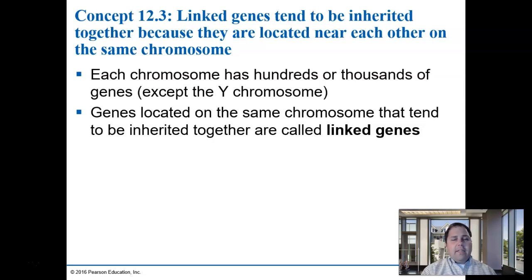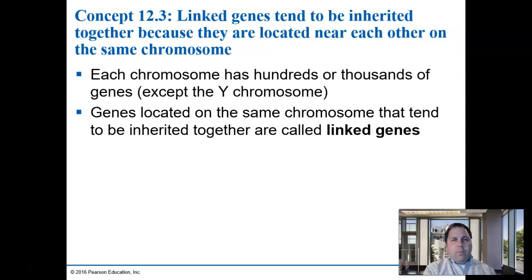So the last idea about chromosomes to think about is that, aside from the XY adding some complications, there are some genes that are inherited together because they're located near each other on the same chromosome. So everything Mendel did, and I told you about this in the last chapter, he sort of selected because he got nice clean arrangements of offspring that really supported his laws of segregation and independent assortment.